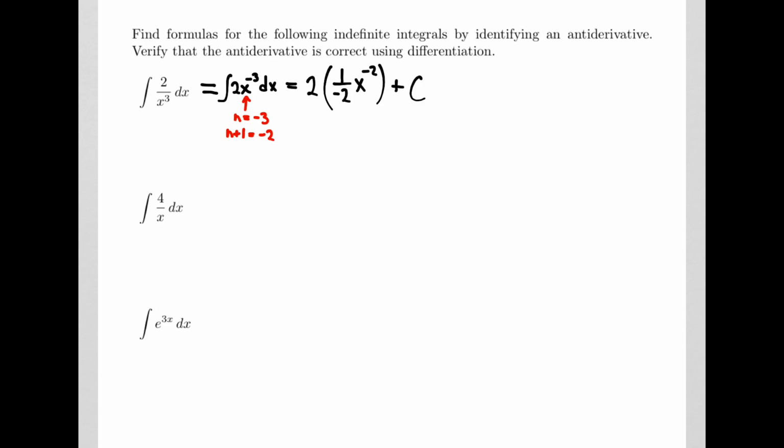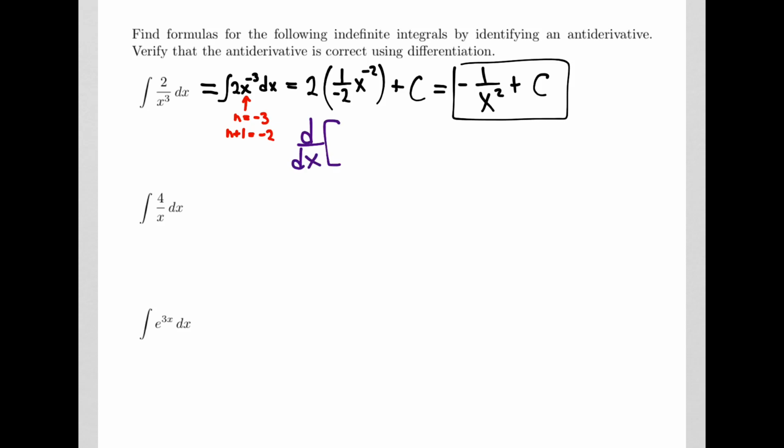So if I simplify that, 2 over negative 2 is negative 1, and x to the negative 2 becomes x squared in the denominator. And here is my proposed general antiderivative. Now how would we check? We check antiderivatives by using the differentiation operator. So what would I get if I took a derivative of negative x to the negative 2?